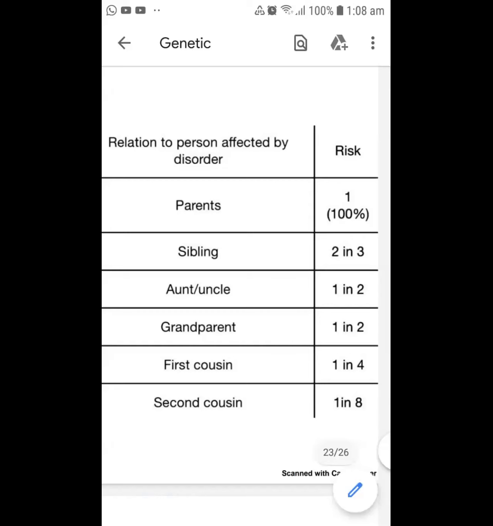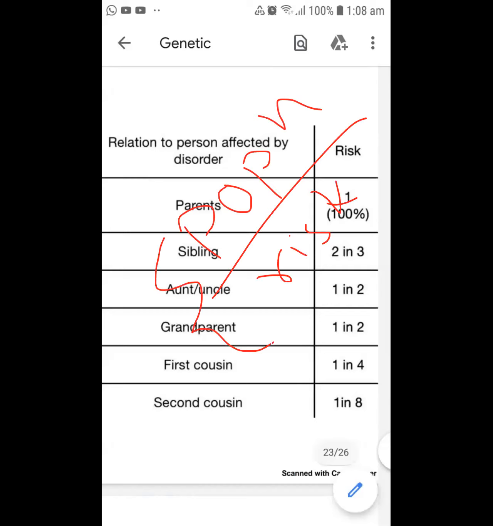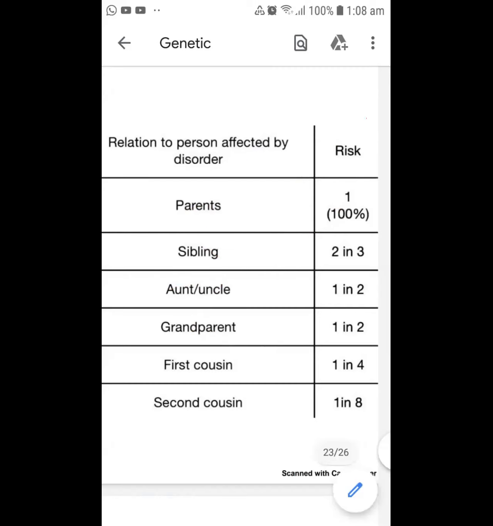Population risk will be given in the paper, because population risk is different in different diseases. It is not the same. So population risk will be given, and you calculate by seeing this chart, the affected person and the risk of the unaffected person. Then it will be easy for you.